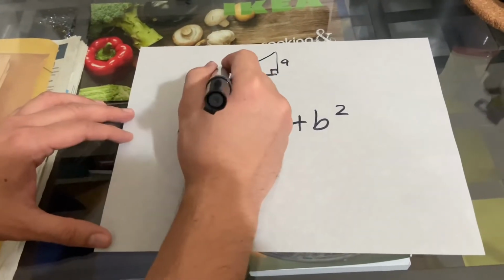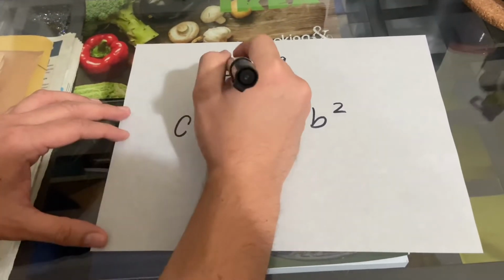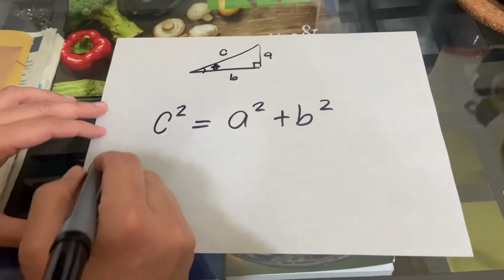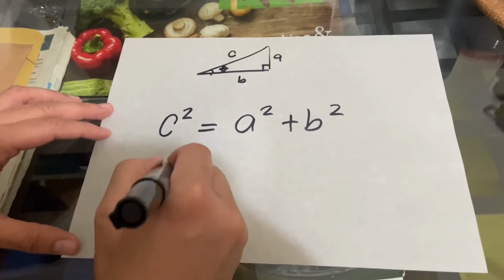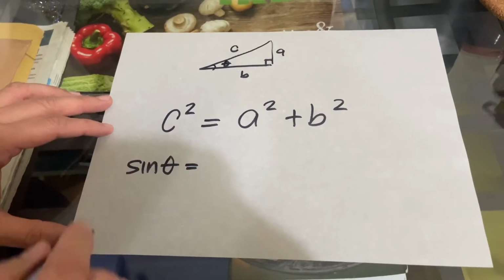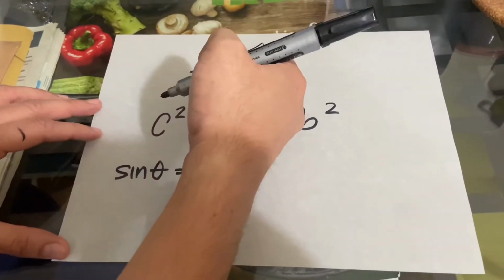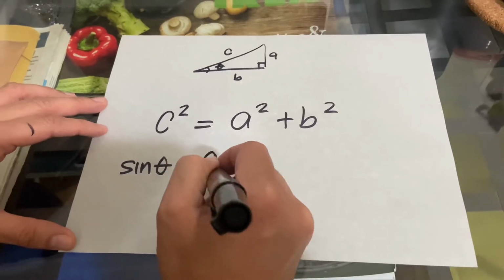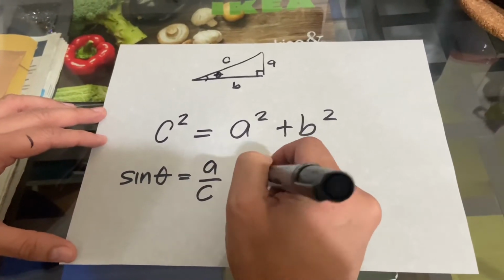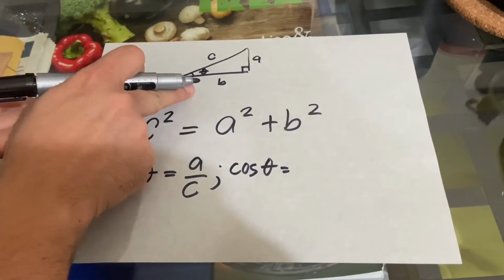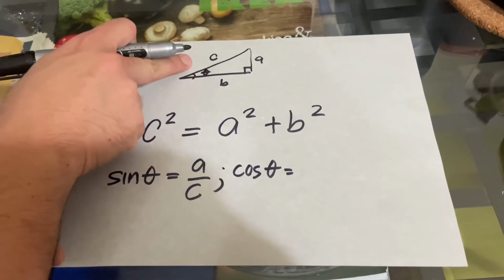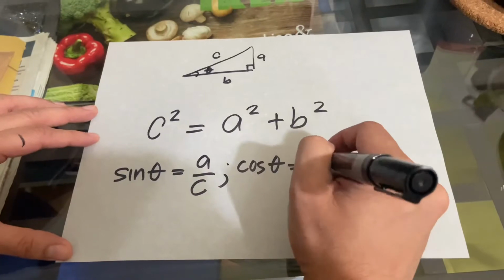And then if you have a reference angle there, so if you want to get the sine of that angle, it will be, SOHCAHTOA, opposite over hypotenuse, which is a over c. Cosine of that angle is adjacent over hypotenuse, which is b over c.